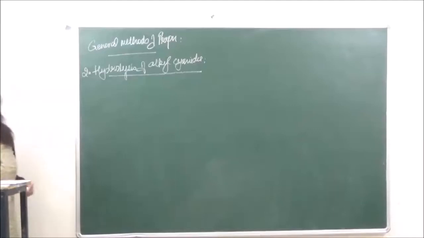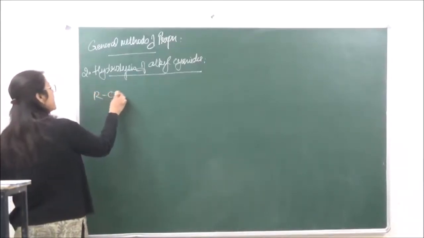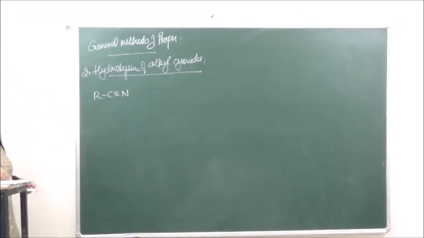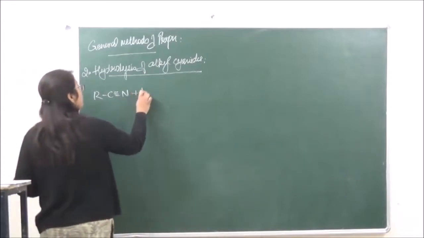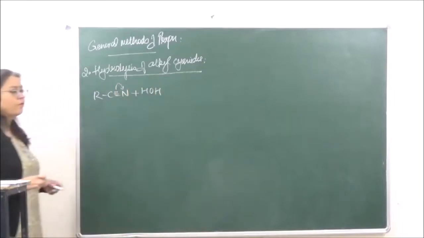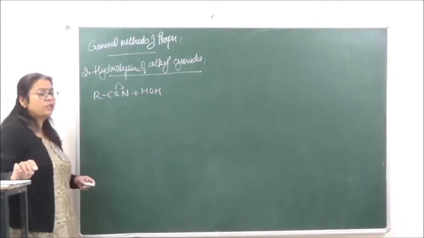Hydrolysis of alkyl cyanides. Now in this case, alkyl cyanides have this functional group, C triple bond N. Now in case we are adding water to it, you know that over here the lone pair of electrons will shift towards nitrogen because of high electronegativity of nitrogen.